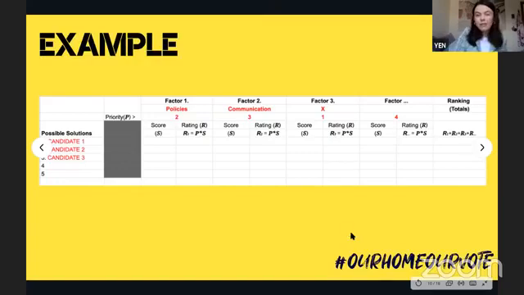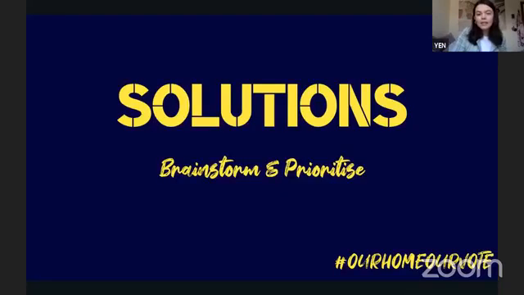Okay, so it shouldn't have taken too long because it's just the factors and the prioritization that we are filling in. Okay, so solutions is the next part. So for any decision that you're ever going to make, you are obviously having solutions, different choices to pick between. Again, if we go back to the cereal example, it's one I like to use because it is a very, very simplified way of looking at a decision.